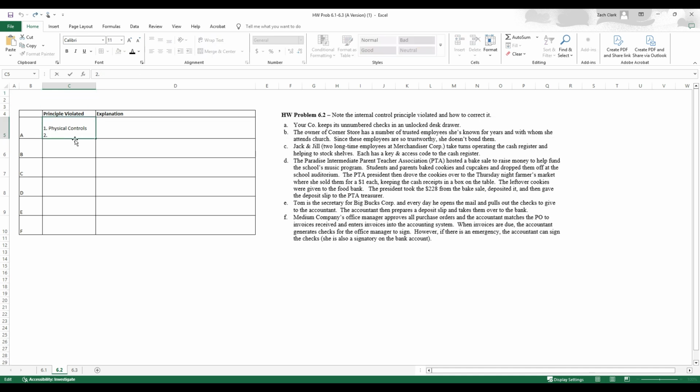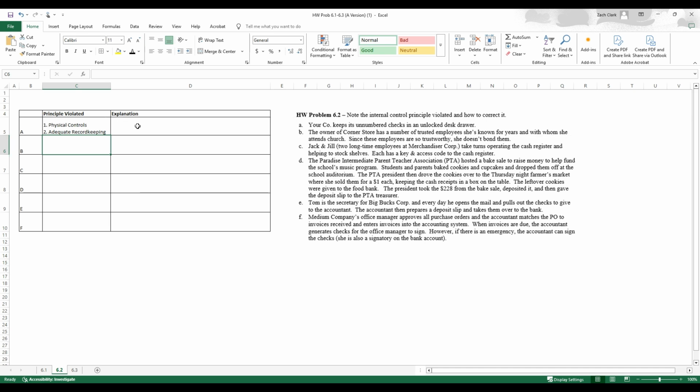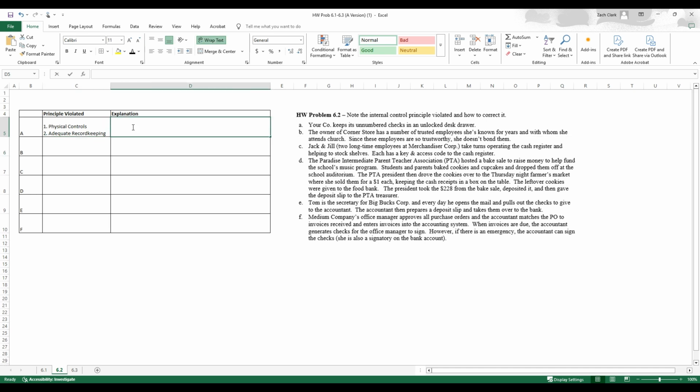Number 1 was physical controls was violated, and then adequate record keeping is the second control violated there. For number 1, we're going to say that checks could be easily stolen from the drawer, and that ties back into the lack of physical controls.